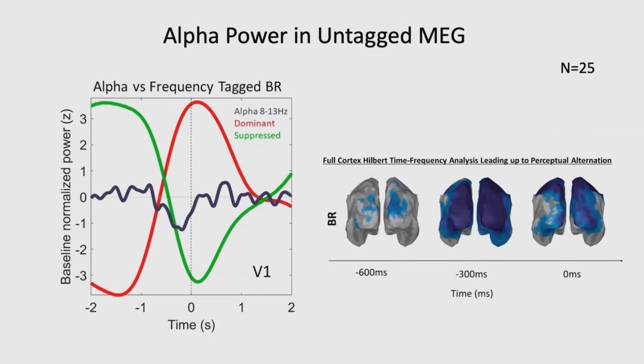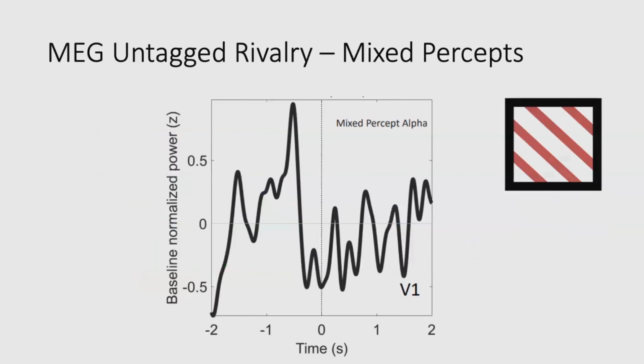So just to give you some context for the alpha power here, it's decreasing right before a switch in percept. Of course, we can plot that for the whole brain, and you can see it's actually quite a widespread reduction in alpha right before perception switches. Now, I can't resist showing you in passing that we actually find the opposite pattern for these mixed percepts.